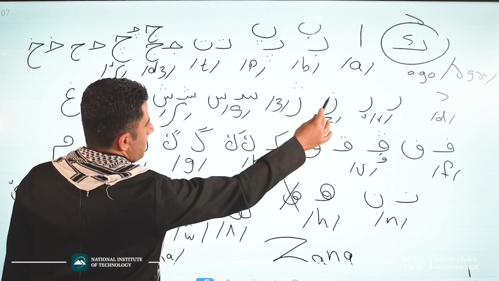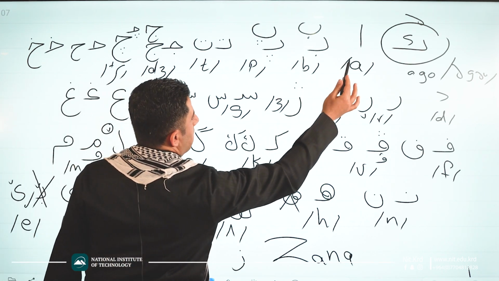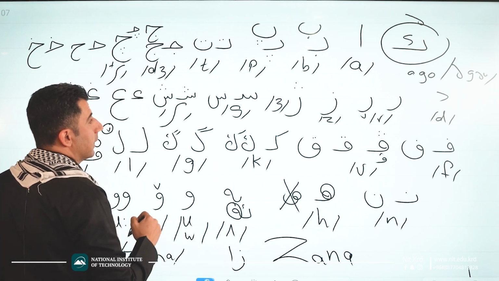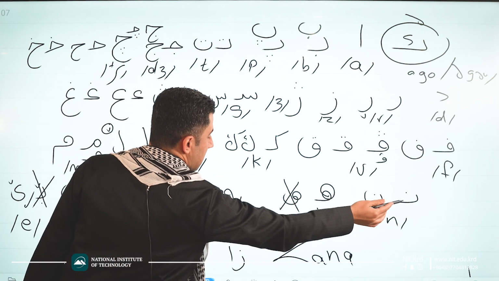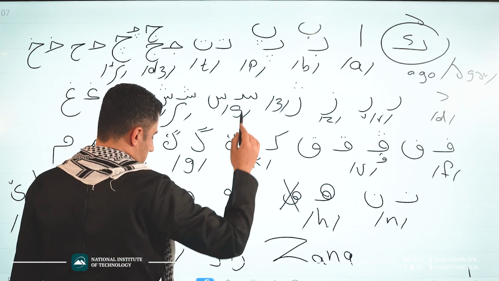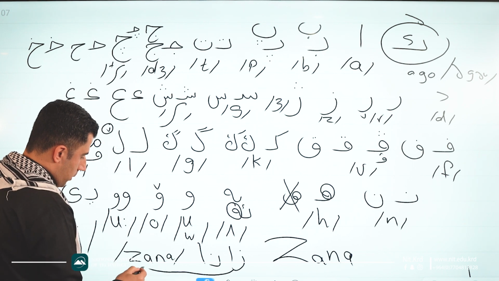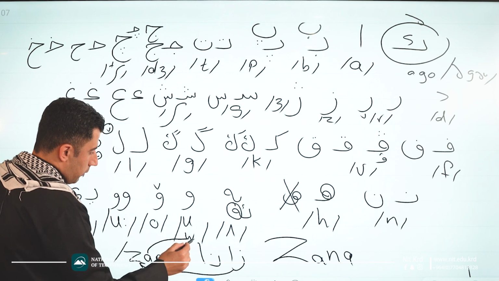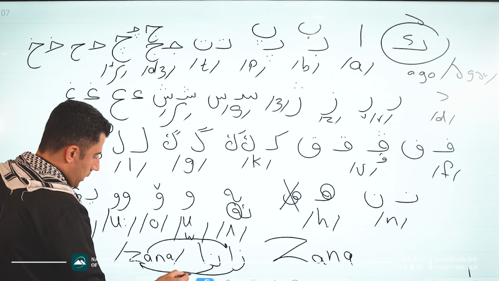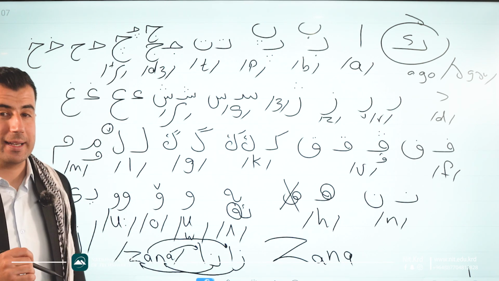Z is here. This is a. N, but in the middle. And the last one is another a. Zana. Good. That's my name. That was the first lesson.